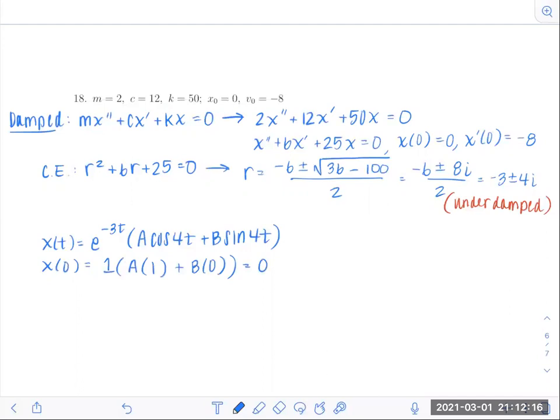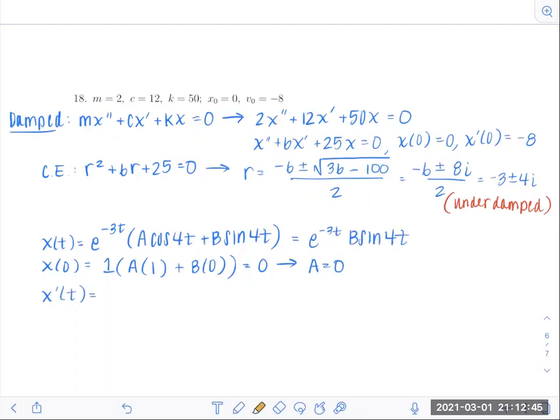So what I just got here is A equals 0. And so that's going to simplify my computation. Let's go ahead and simplify that up top. This is e to the negative 3t times B sine 4t. All right, so now the question is, what is B equal to? In order to find that, I'm going to have to compute the first derivative to use that initial condition.